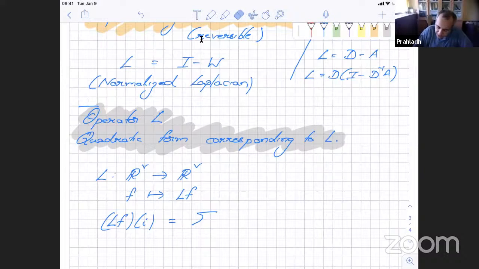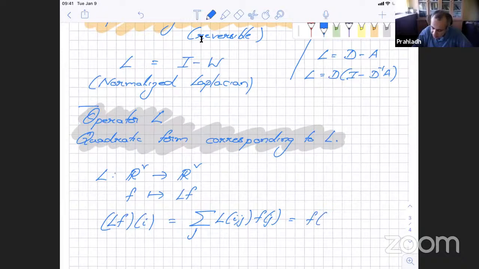I'm just writing the matrix definition. This is the sum over j of Lij fj. But Lij looks of that form, so in fact, if you stare at it, this will be just fi minus the sum over j of Wij fj.